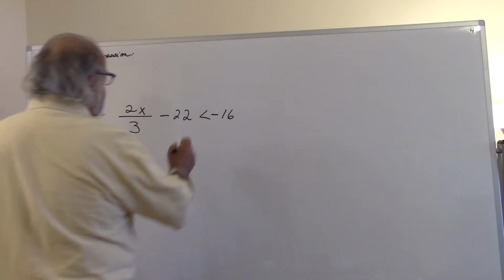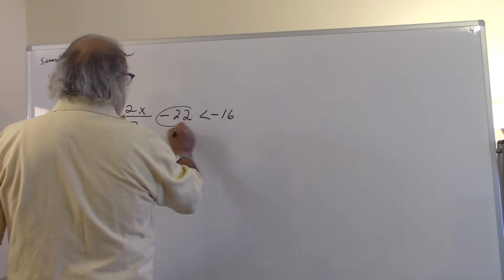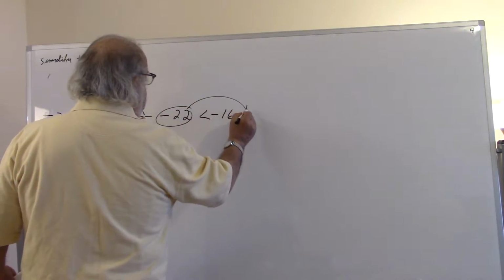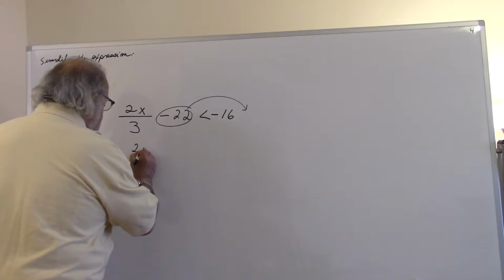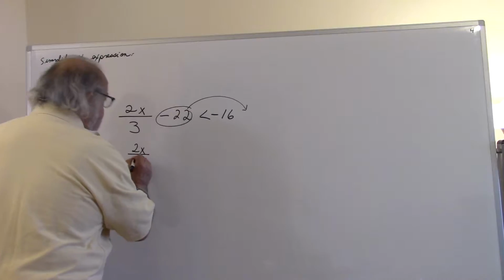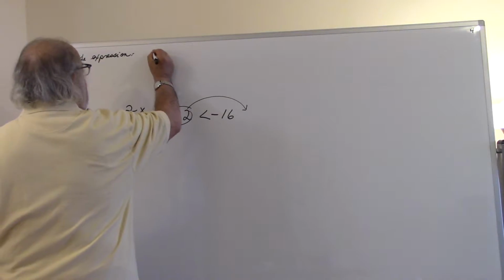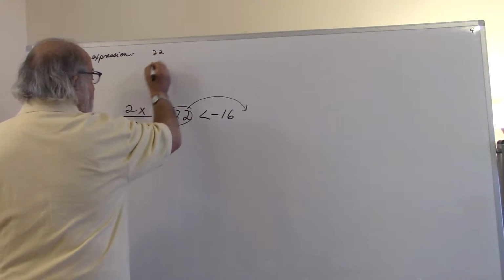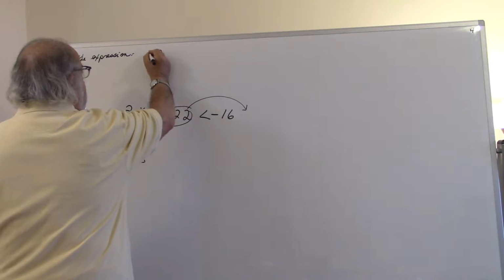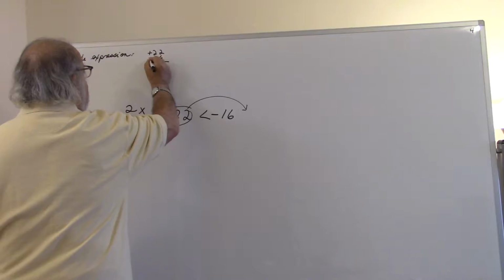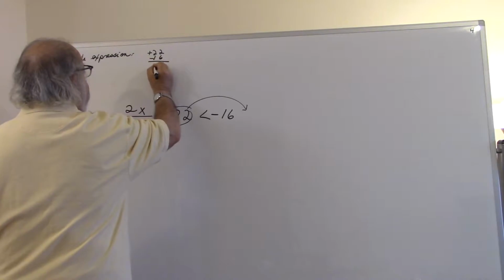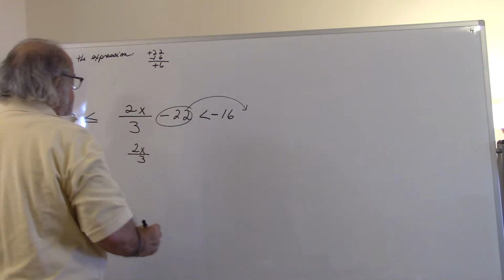Okay, first thing we got to do is you take this here and bring it to both sides of the equation. So that's 2x over 3, so that's plus 22, plus 22. 16 minus 16, that gives you a plus 6.